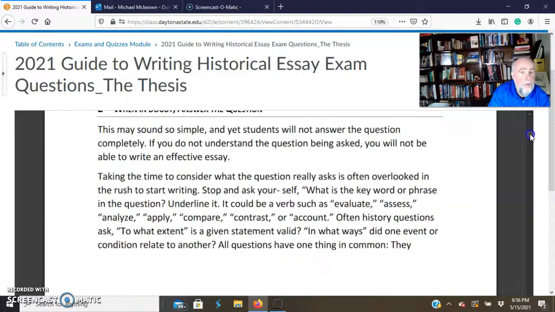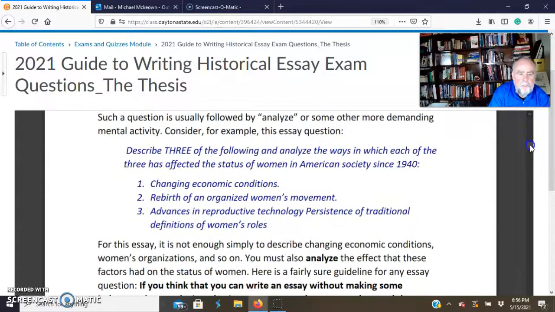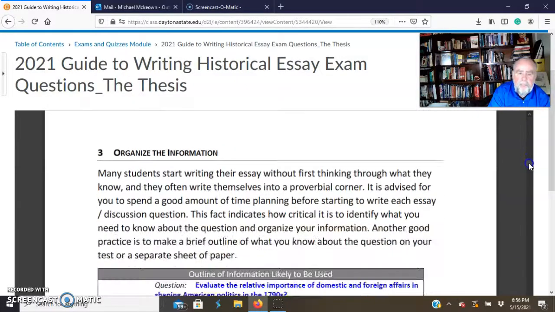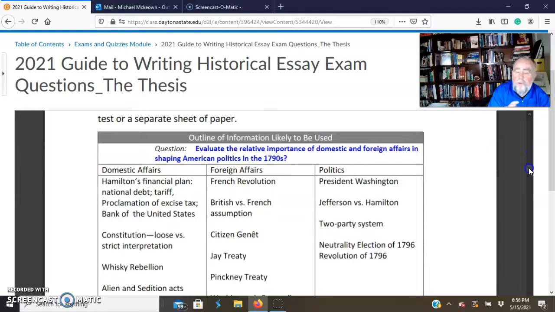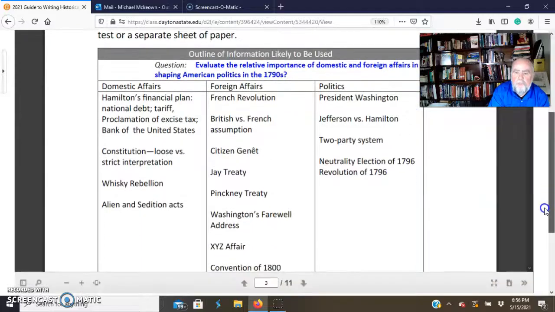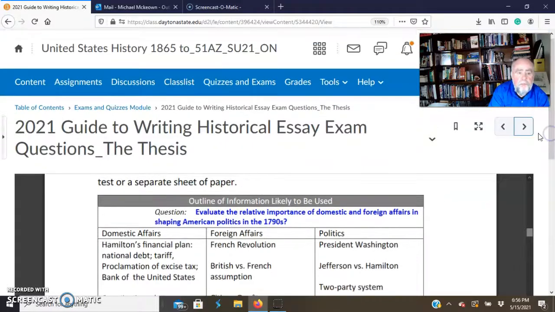When in doubt, answer the question being asked. It also gives examples. One of the other things you should look at, when you're looking at the essay question, and this should be the first step, is to categorize your information. By categorizing the information, you'll be able to best determine where you're going to go with your thesis.